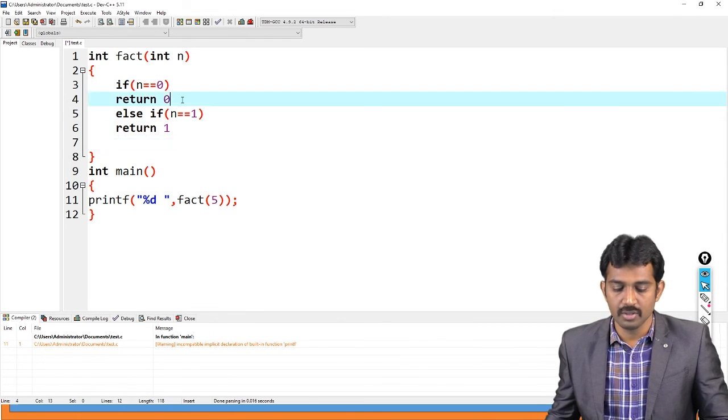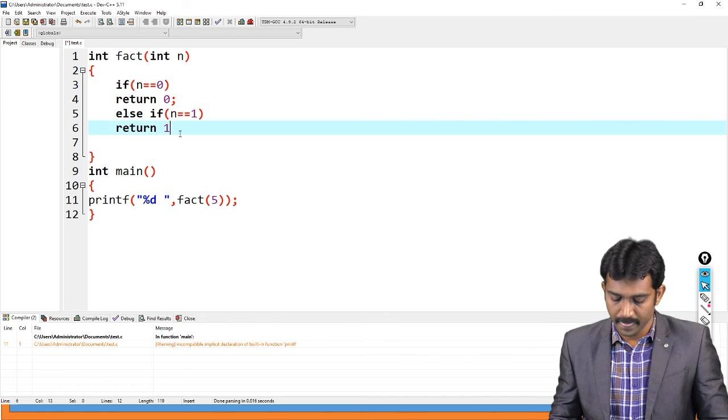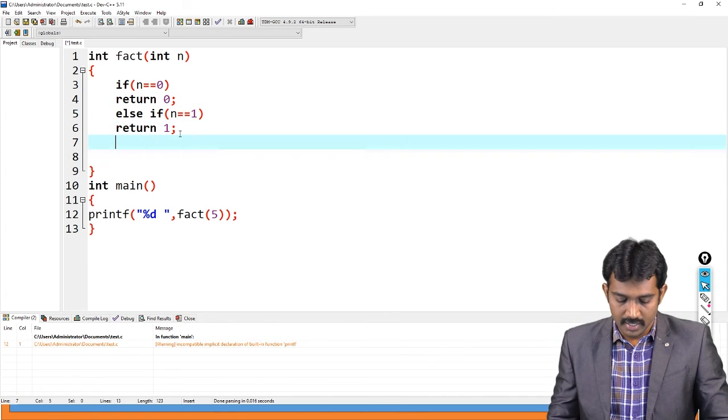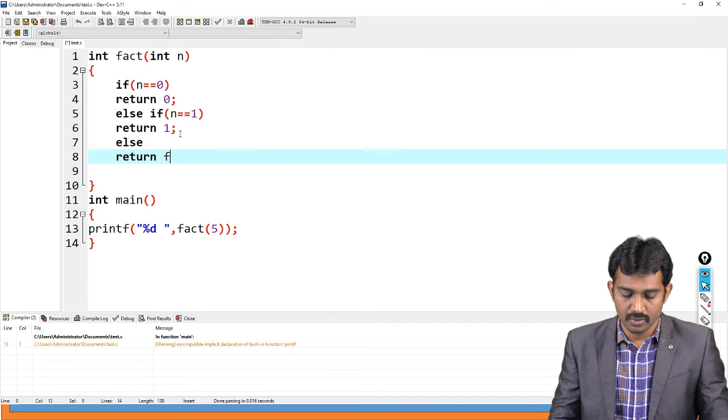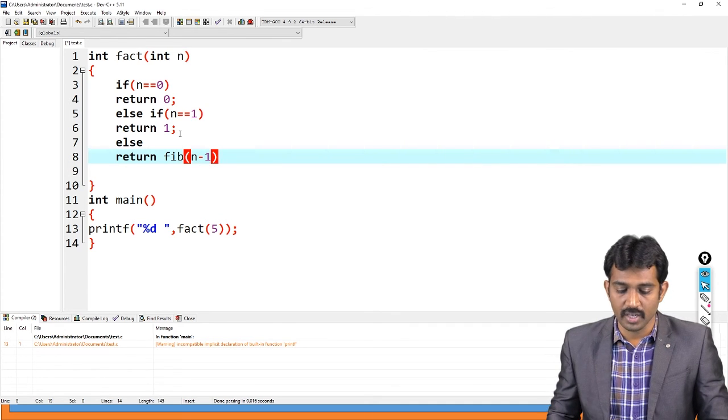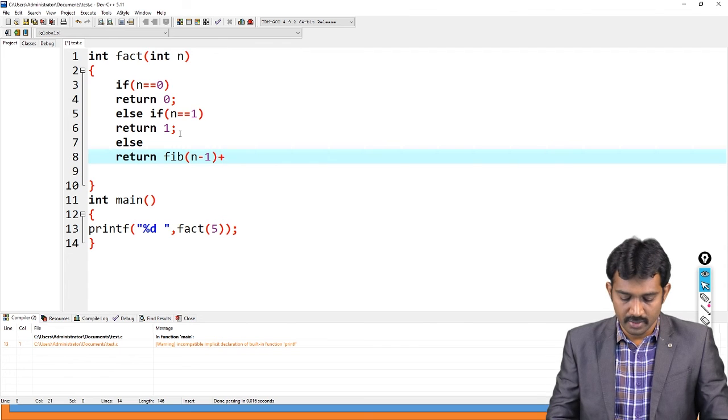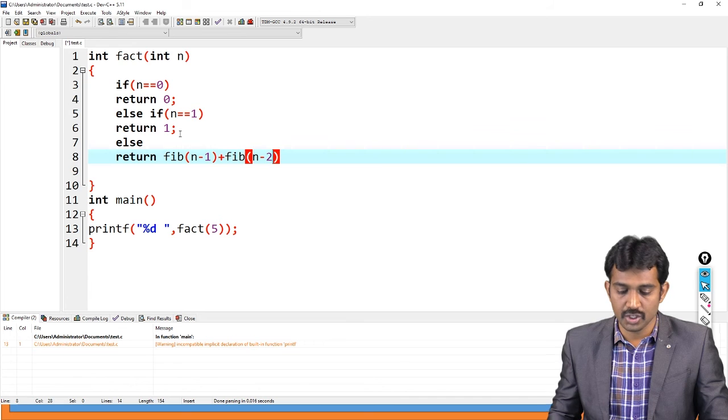Return 0 and return 1. Else return fib of n minus 1 plus fib of n minus 2.